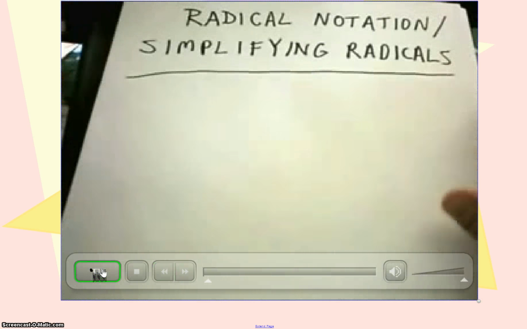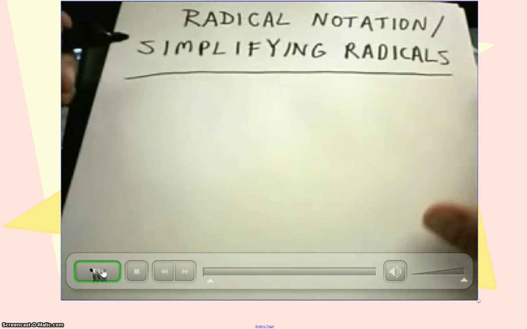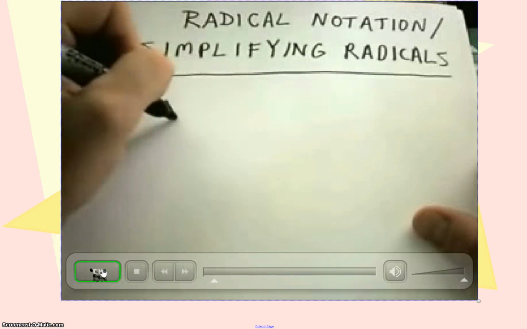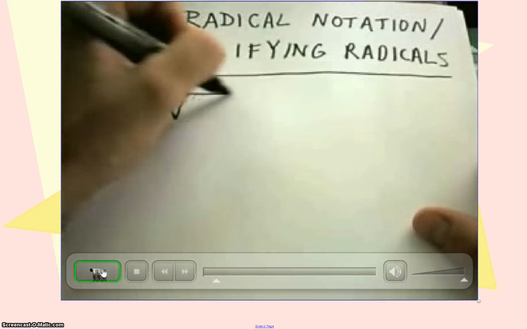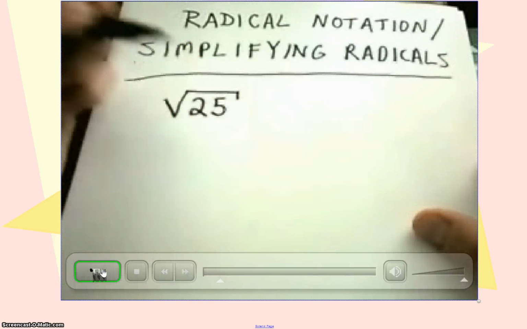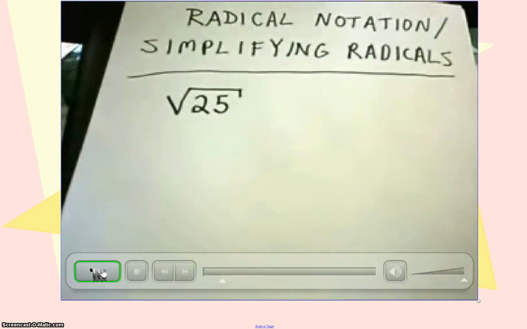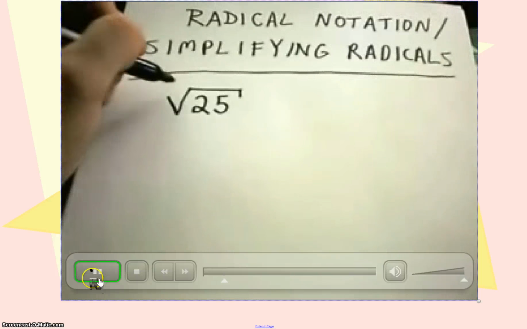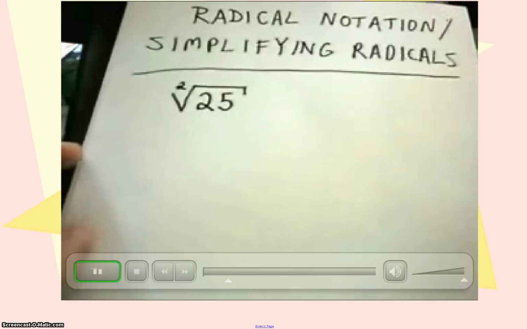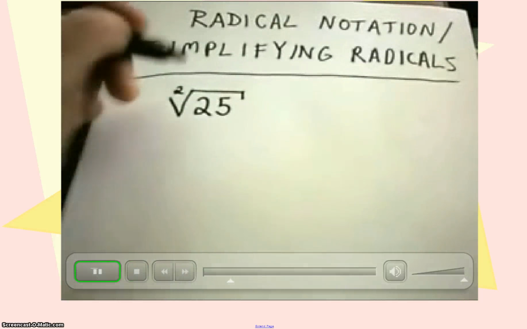In this video, we're going to talk about radical notation and simplifying radicals. So a radical, again, the most basic example probably everybody is used to seeing, is a square root. So suppose I'm trying to find the square root of 25. Again, they don't write it, but it's understood there's a little index here of 2.